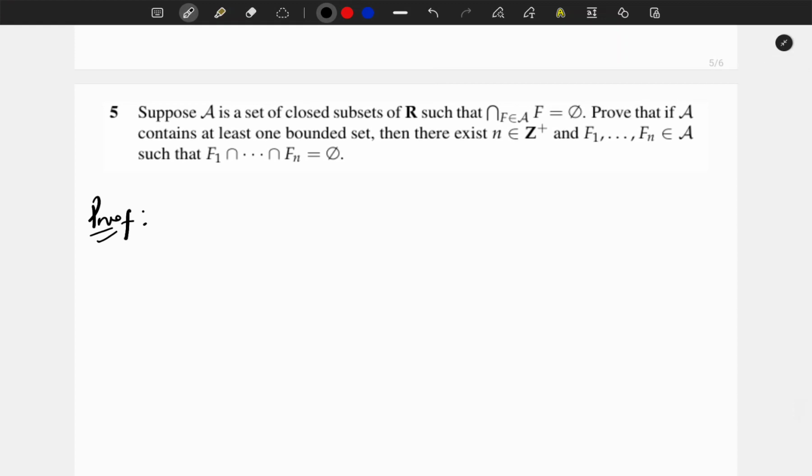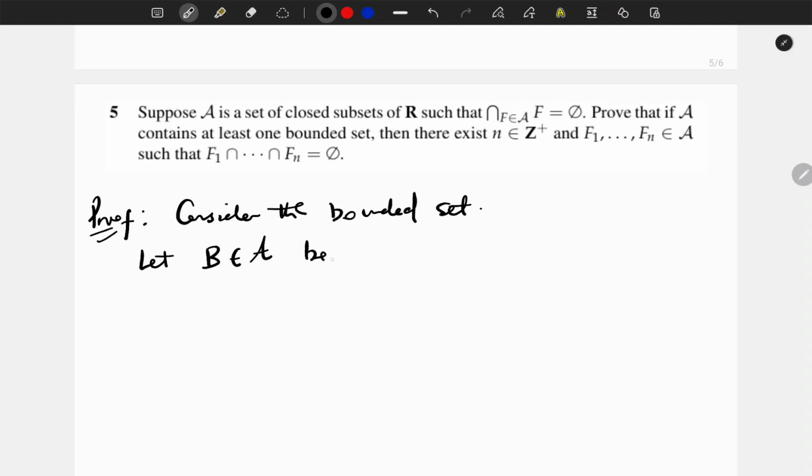So let's consider the bounded set. Let B belong to our A, be a bounded set in the collection.